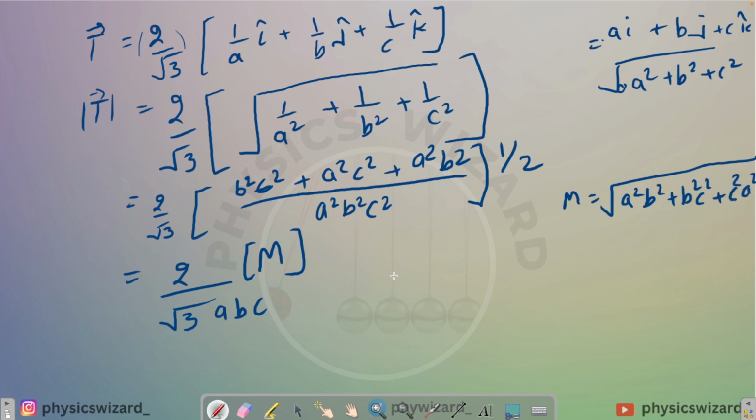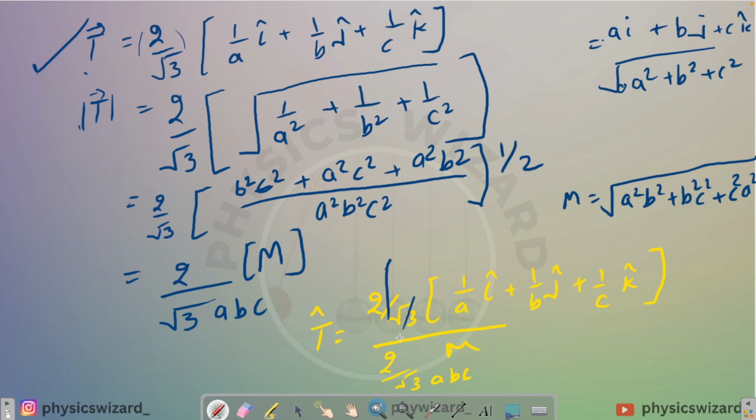Now this is the magnitude of t, and what was vector t? When we divide vector t by its magnitude, we have 2 by root 3, 1 by a i cap plus 1 by b j cap plus 1 by c k cap, divided by 2 by root 3 abc m.